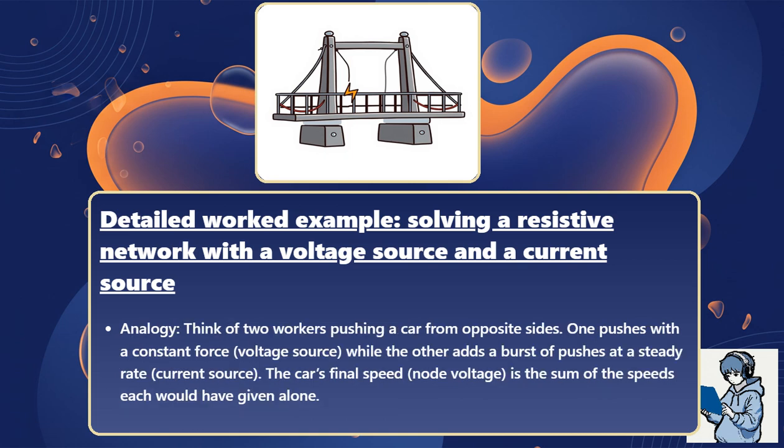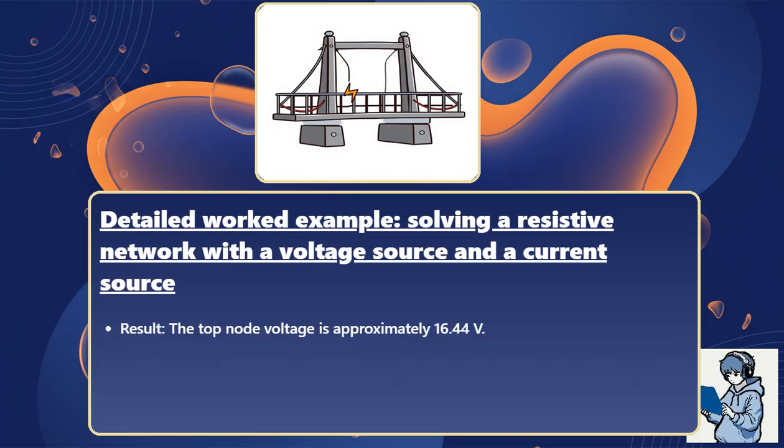Analogy. Think of two workers pushing a car from opposite sides. One pushes with a constant force, voltage source, while the other adds a burst of pushes at a steady rate, current source. The car's final speed, node voltage, is the sum of the speeds each would have given alone. Result: the top node voltage is approximately 16.44 volts.